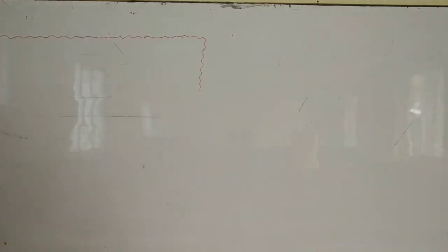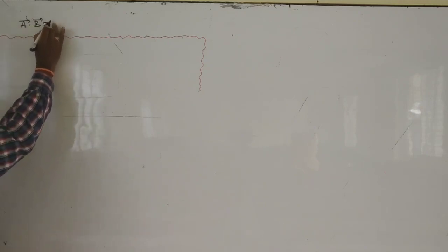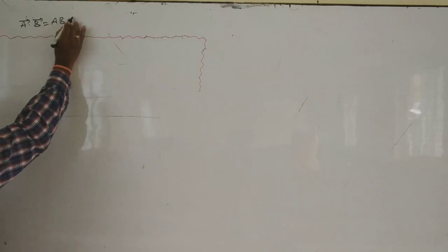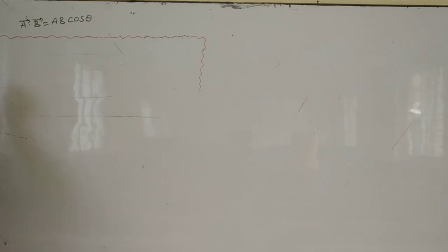Third property. First, we know the formula a bar dot b bar equals ab cos theta. This is the formula. Third property we are going to discuss.